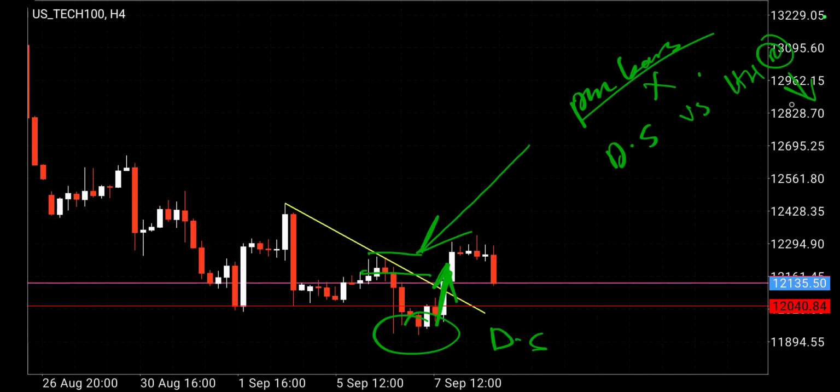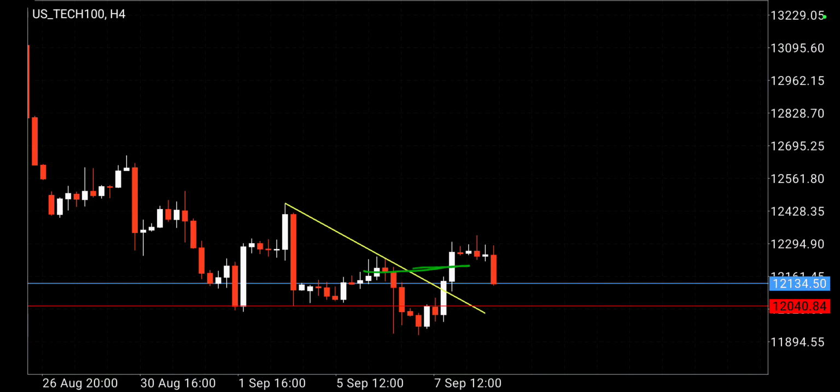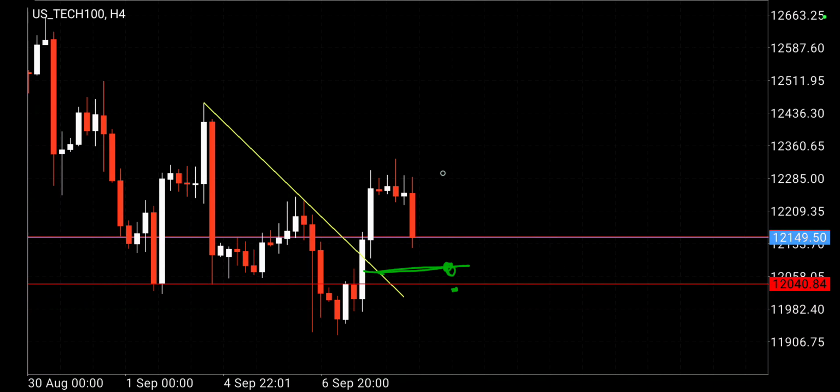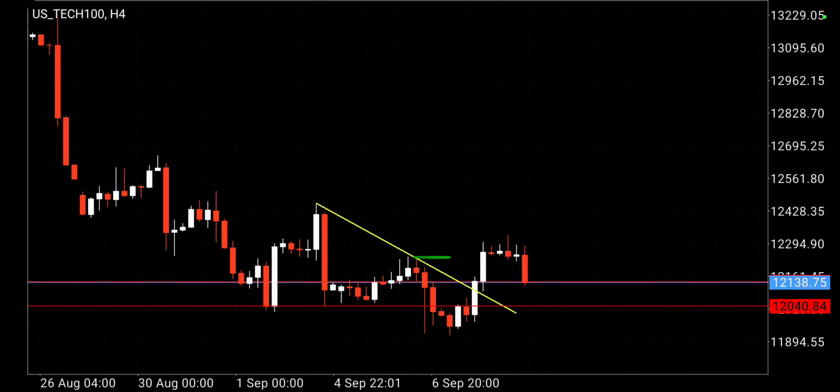So you're trying to sell while the daily support is pushing up, not a good thing. And again, the candlestick that hit there started outside, so it was gonna be a mission for it to reverse and go back inside the zone. So this was not a good zone to try and execute from.